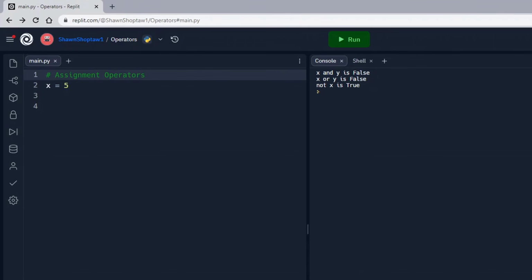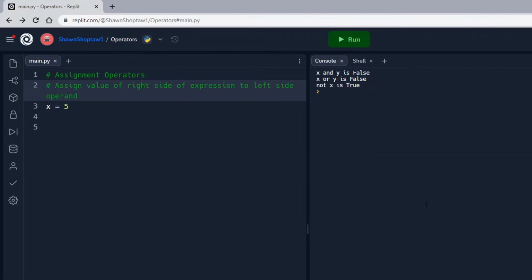So our first assignment operator that we're going to use is one that we've been using this whole time, is the equals, just x equals. And this is going to assign the value of the right side expression to the left operand. So for instance, it's going to take this value, which is on the right, and that's going to assign it to x, which we have gone over multiple times.